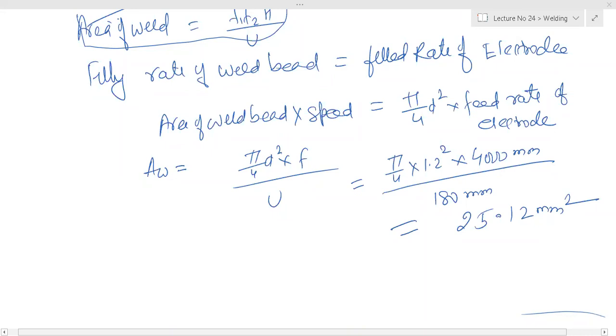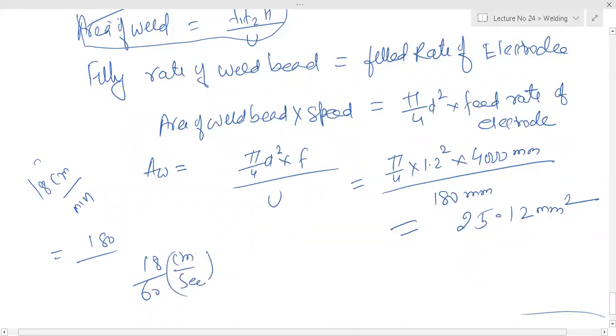Because it is in a minute. 18 centimeter per minute, so we are writing 18 divided by 60. That will be centimeter per second. Because power is equal to VI, this will be in watt, per second.